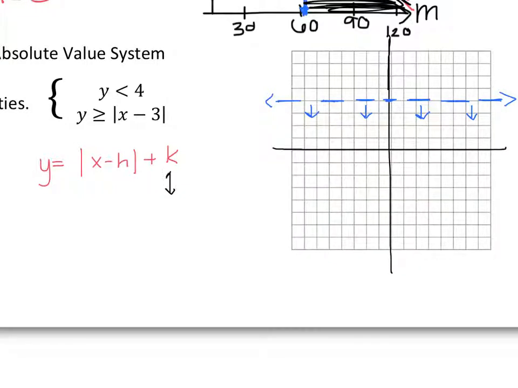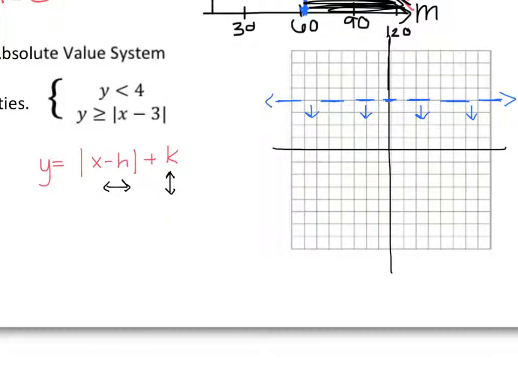It's the outside, because if you remember, H is horizontal. So the number on the inside makes it go right and left. Which way are we going to move from the origin? Remember, H is weird and backwards, so we're going to move right. So from the origin, instead of our vertex being there, we're going to move it over 3. So there's our new vertex.